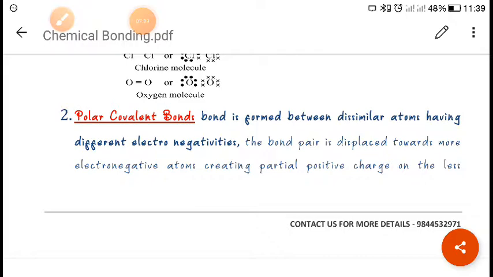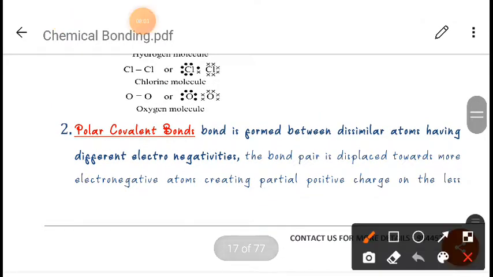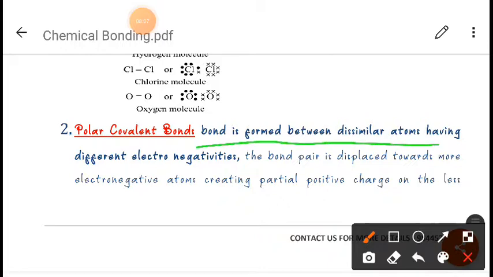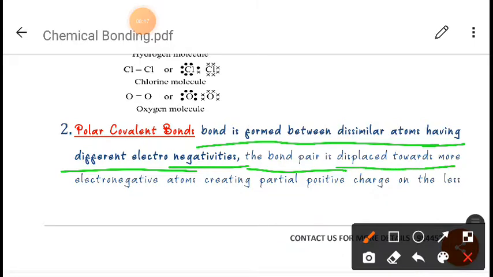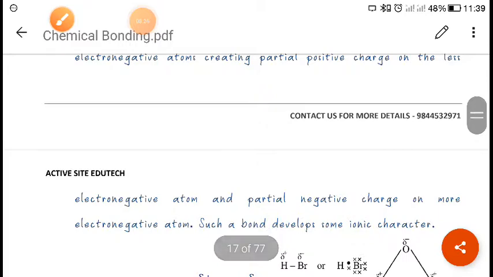As you can see, a polar covalent bond is formed between two dissimilar atoms having different electronegativities, and the bond pair is displaced towards the more electronegative atom, with partial positive charge on the less electronegative atom and partial negative charge on the more electronegative atom.